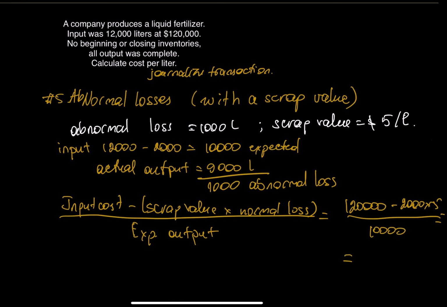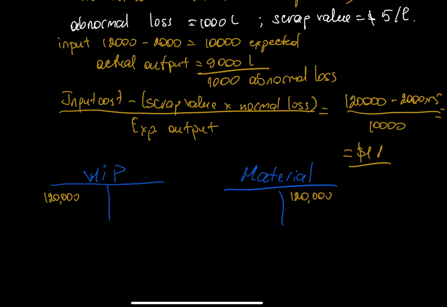Then, when the process was done, we have an actual output of 9,000 liters, but the cost is $11. So this gives us $99,000 in cost, which we will debit to finished goods inventory because that's where it went. So $99,000 goes over here.